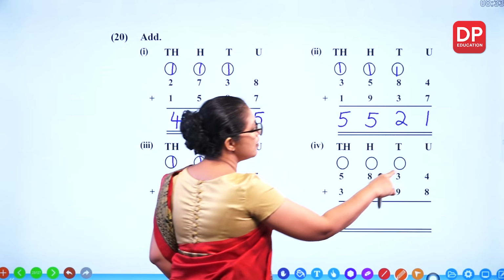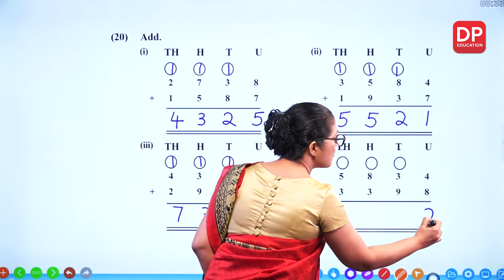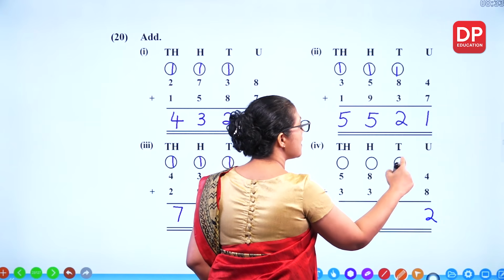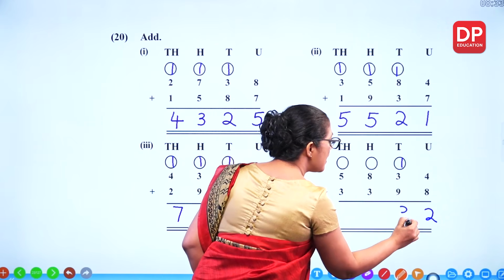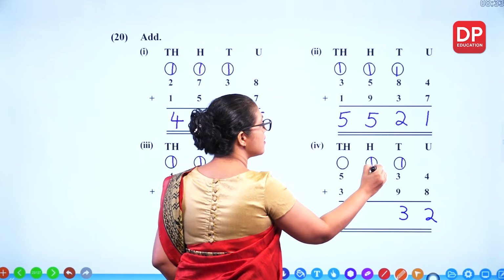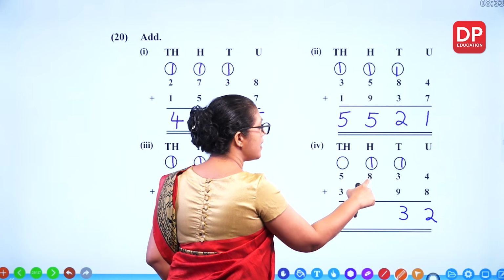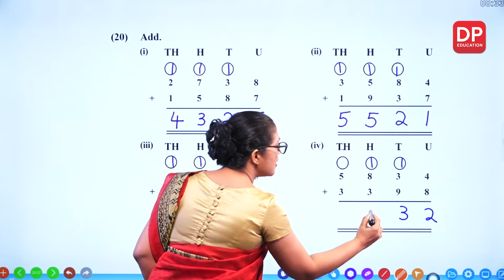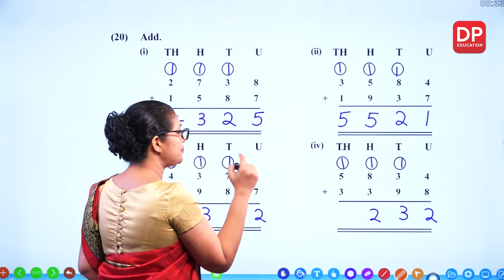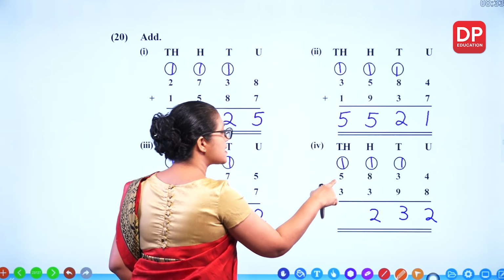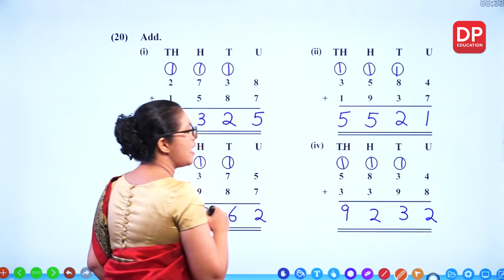This one, 4 plus 8, 12. Take 1 to this level. 9 plus 1, 10. 10 plus 3, 13. Take 1. 8 plus 1, 9. 9 plus 3, 12. Then take 1 here. 5 plus 1, 6. 6 plus 3, 9.